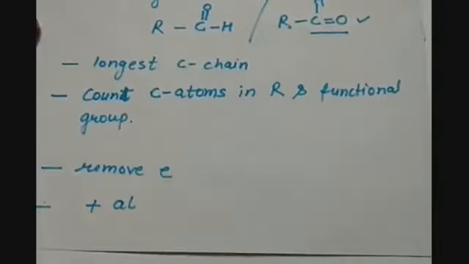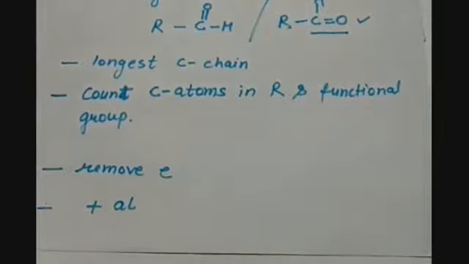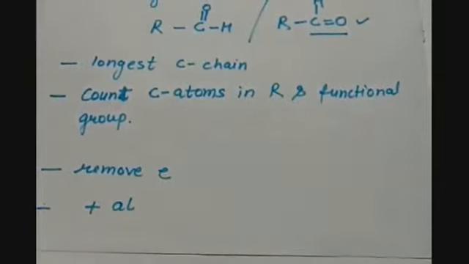If we have a compound containing an aldehyde functional group, then we have to see the longest carbon chain first, which includes the CHO group. And how do we count the carbon atoms in the longest chain?